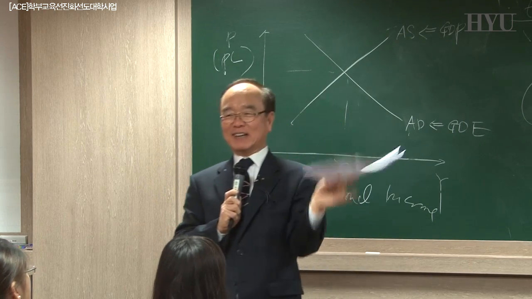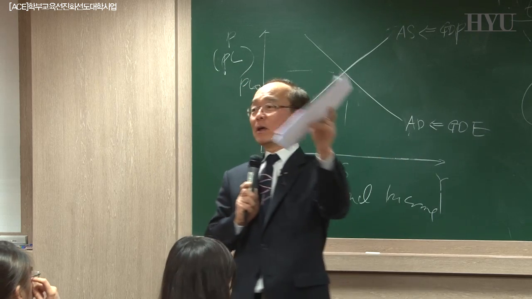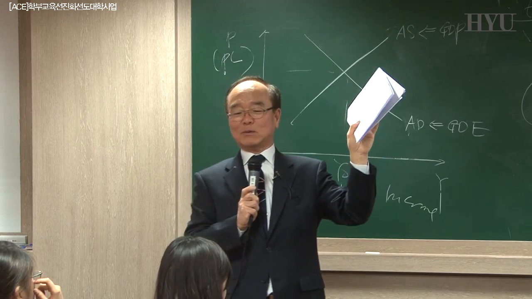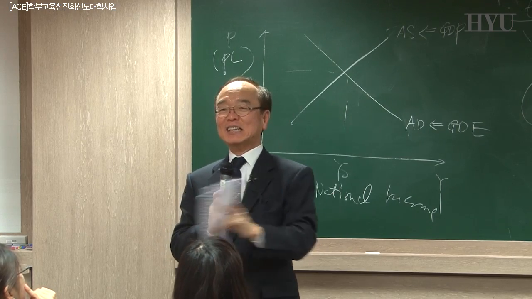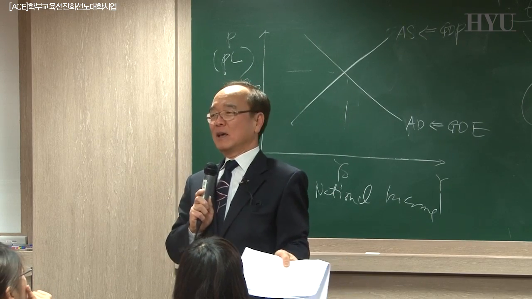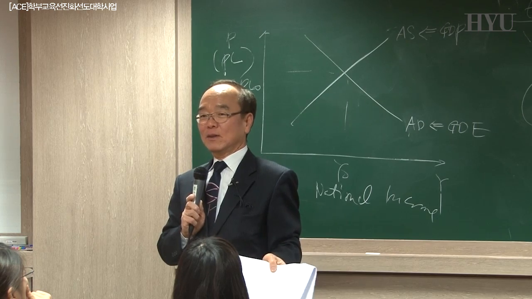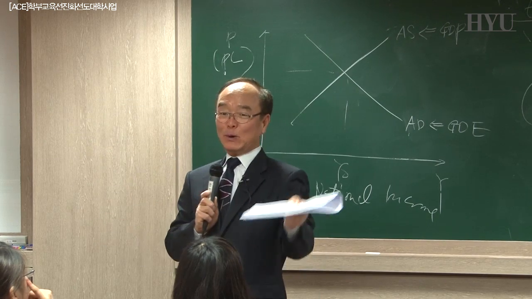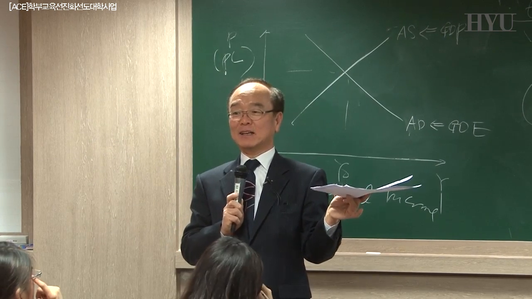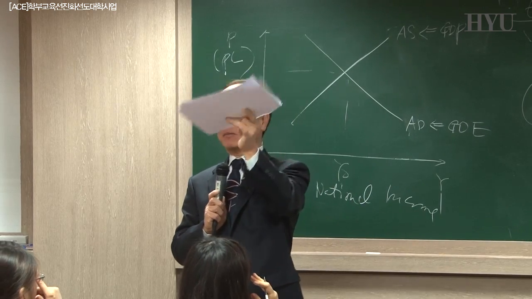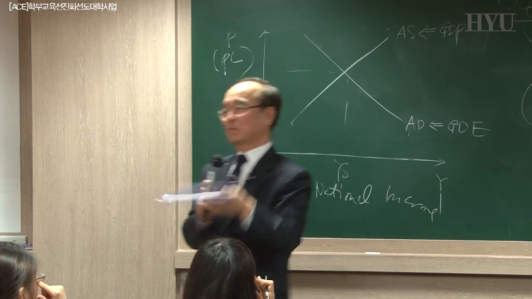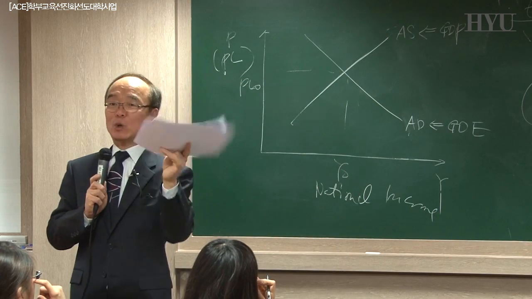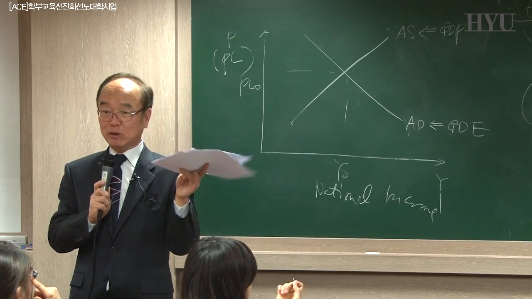Each owns some money, right? Collectively, total money supply is 10 trillion won. All of you collectively should hold 10 trillion won, right? Some have big money, others may have smaller money, but collectively you must own 10 trillion won total, right?